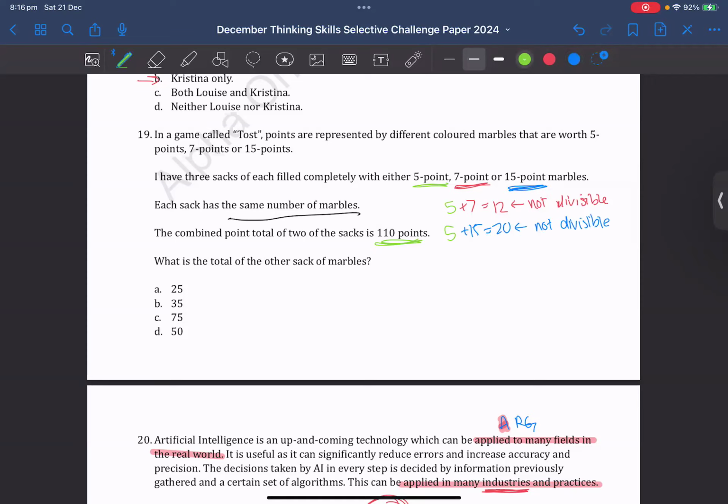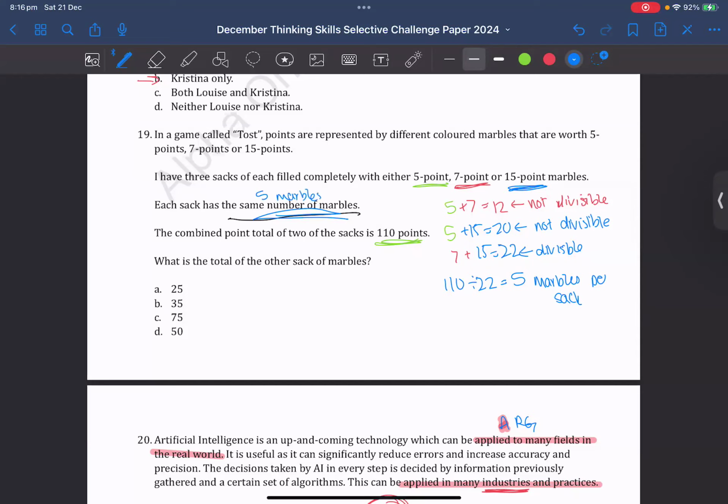And then our last one, we've got 7 and 15, which gets me 22, which is actually divisible. So we do 110 divided by 22 to find out how many marbles we have per sack, which is 5 marbles per sack. So let's go back here. The same number of marbles in this case is 5 marbles.